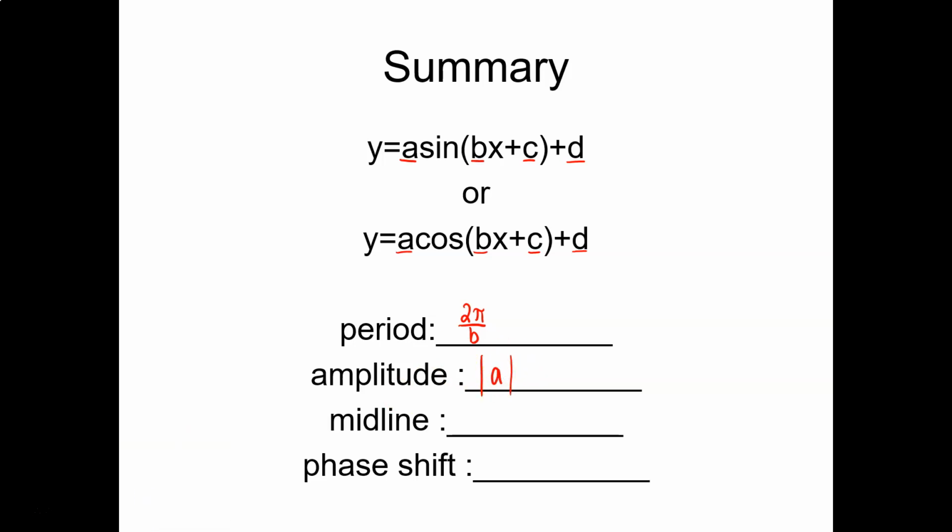All right, the midline is going to be y equals d, and that's our vertical shift there. And our phase shift is going to be negative c over b.